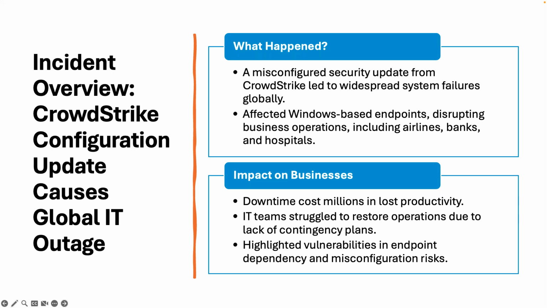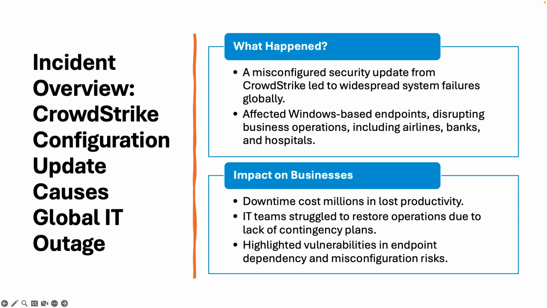So, a very quick overview of the CrowdStrike incident in July 2024. There was a bad update, a misconfigured update, or you can say a bug from CrowdStrike, and it was pushed very fast and spread over the world.